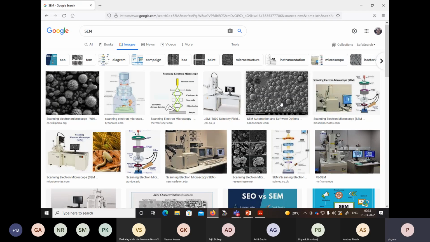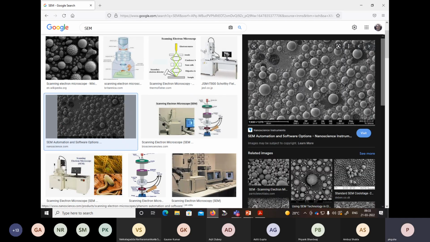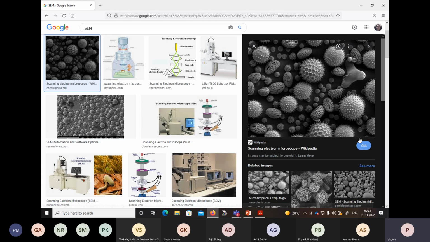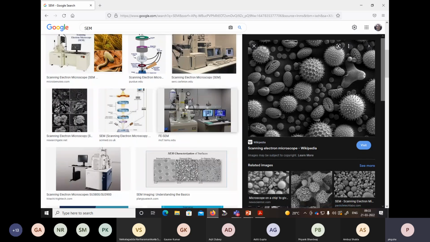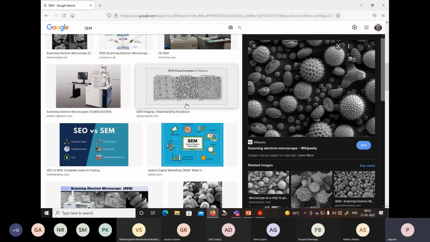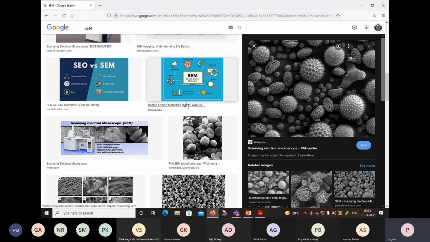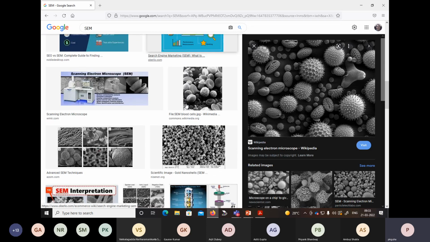So you see, these are SEM images. These are the nanostructures you have developed, and you can see them under the microscope. The only difference is these are not optical microscopes. These are electron microscopes.